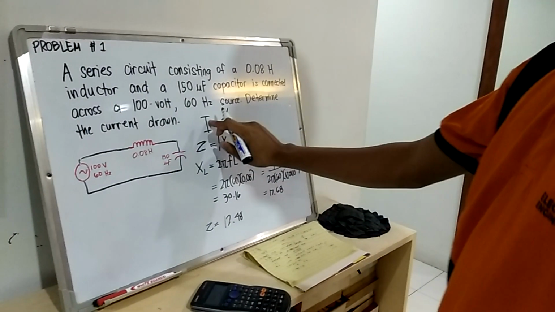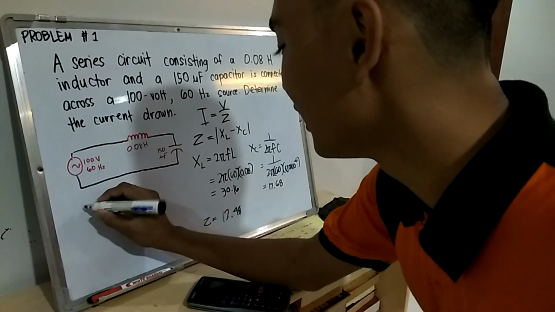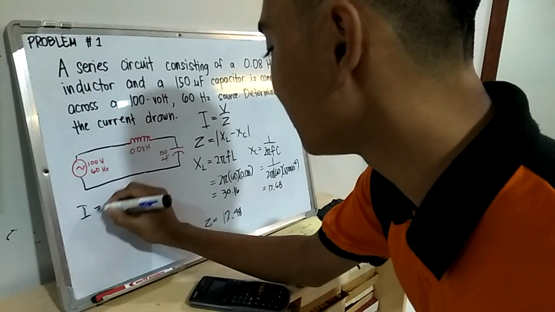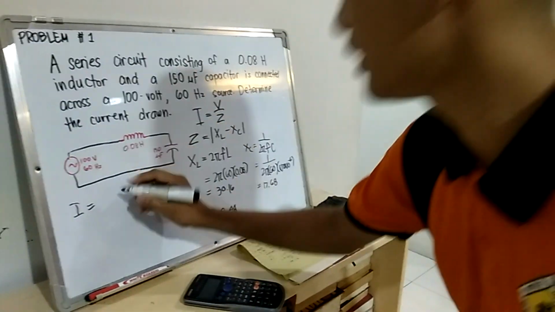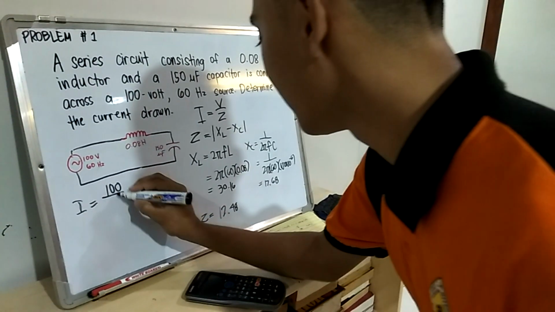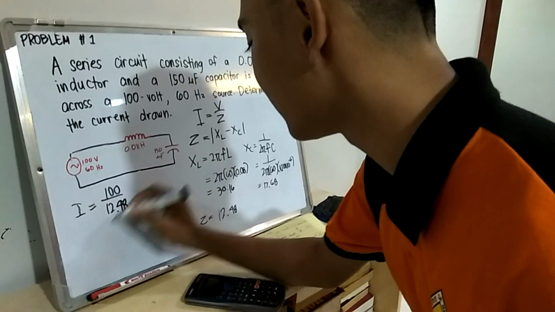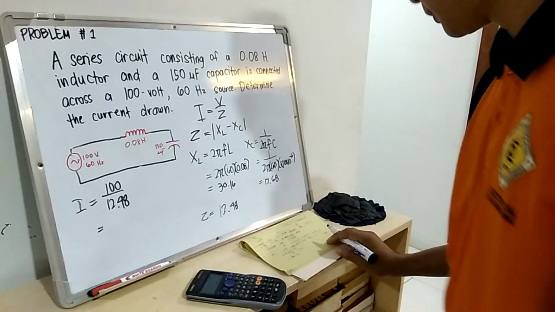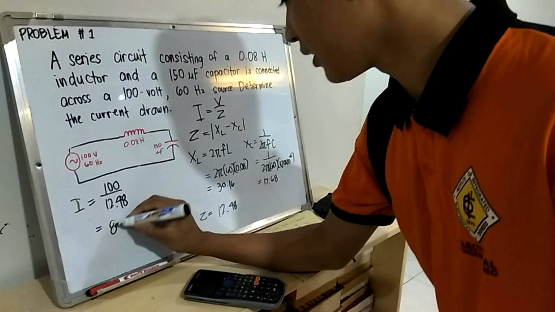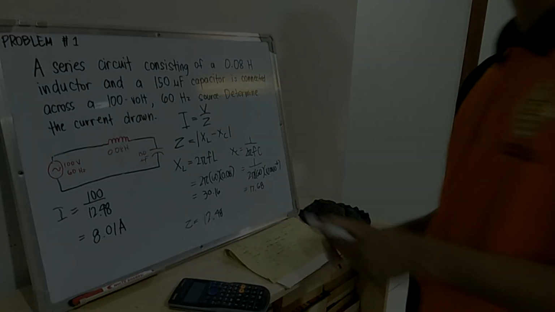So let's go back to the first formula. We have I is equal to the voltage, which is 100, divided by the impedance, which is equal to 12.48, which equals 8.01 amperes. That's all.